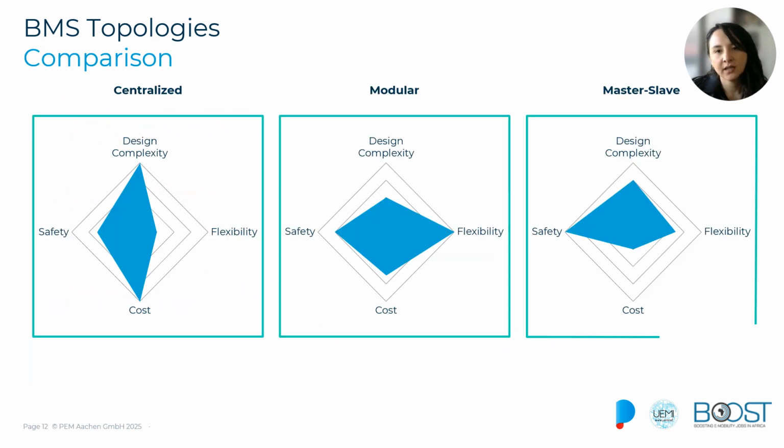Finally, let's summarize and compare the three topologies that we have studied to highlight the key characteristics of each. As we look at it, first we have the centralized topology.